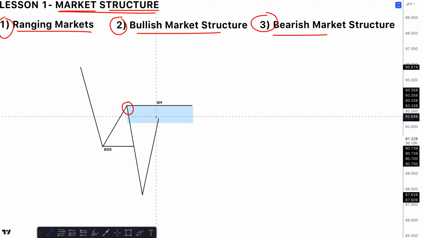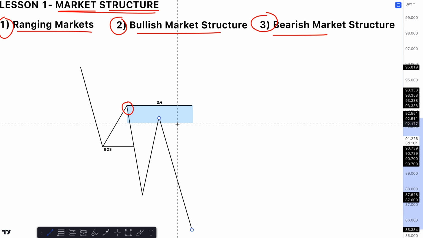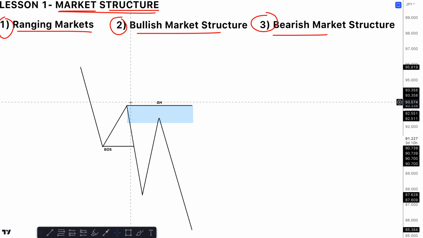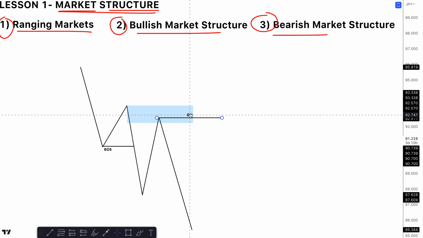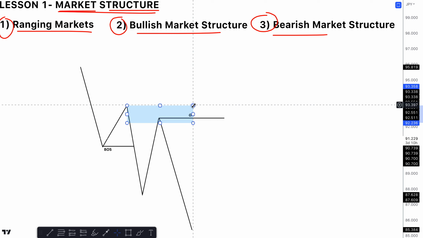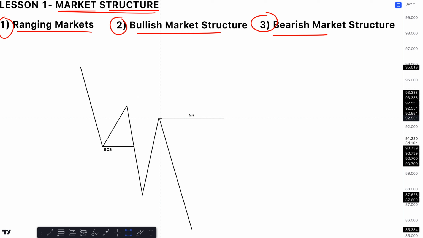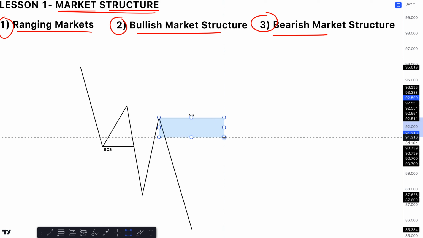So extreme supply, we come back in, it lines up there, and then we see a new lower low to the downside. If we see a new lower low, as I said, we can move our guarded high down here, and we can mark on our new extreme supply. That would be here.